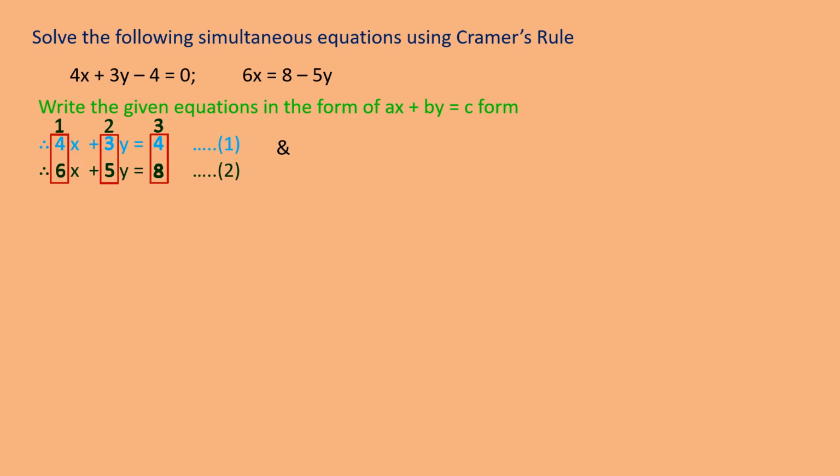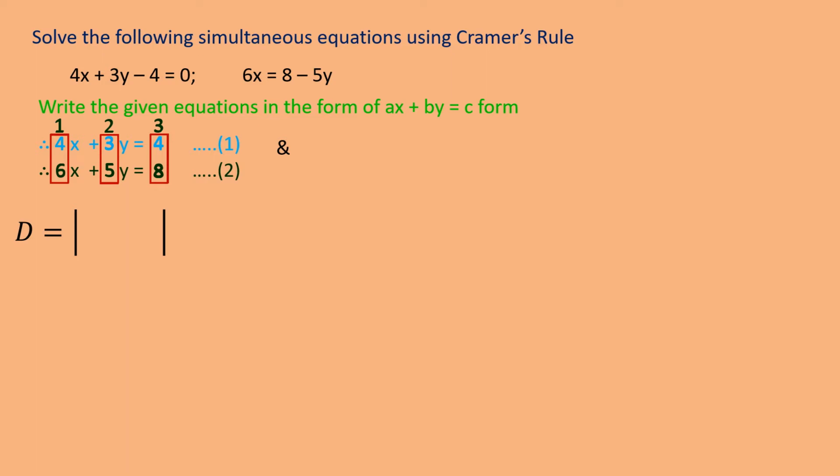You will find that column 1 contains the coefficients of only x, 4 and 6. Column 2 contains 3 and 5, which are the coefficients of y, and column 3 contains 4 and 8, which is the constant term.